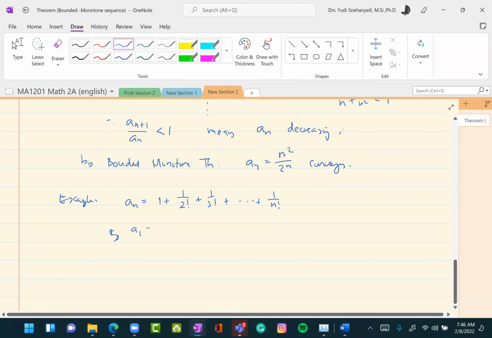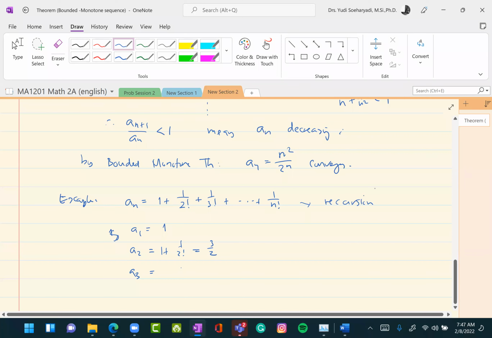let me just write 1 plus 1 over 2 factorial. So that's 1 plus 1 half. So A3 is 1 plus 1 half. You see from here you have a recursion.